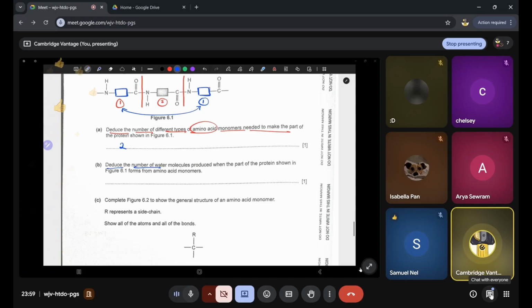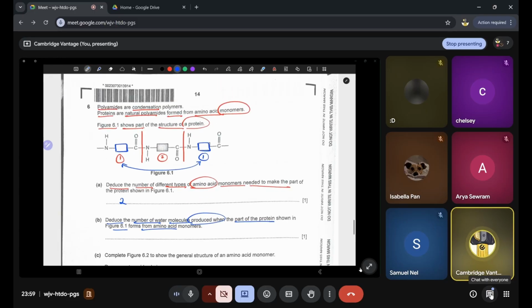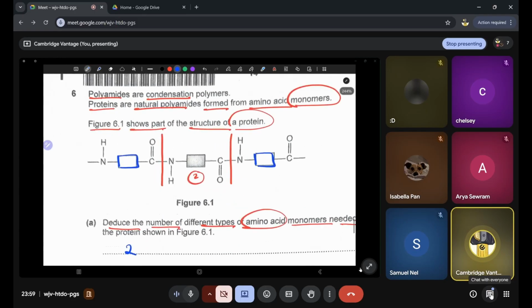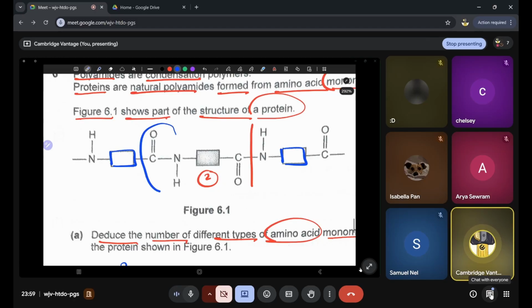All right. Deduce the number of water molecules produced when part of the protein shown in figure 6.1 forms from amino acid monomers. For this one, all you have to do is identify the amide linkages formed over here. So I have one over here and another one over here. So I have two amide linkages, 1 and 2, and each one is going to cause the removal of one water molecule.